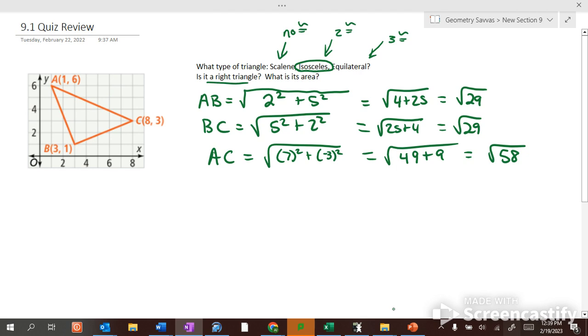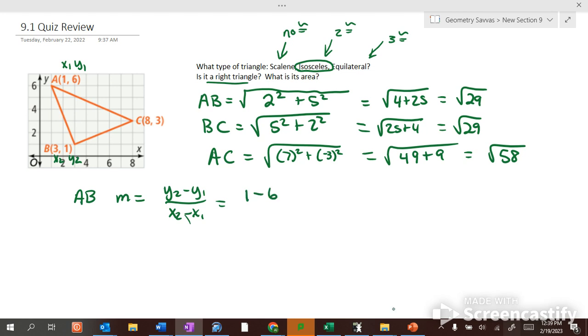So I need to know the slope from A to B. If this is x1, y1, and x2, y2, it'd be y2 minus y1 over x2 minus x1, which is 1 minus 6 over 3 minus 1, which is negative 5 over 2.